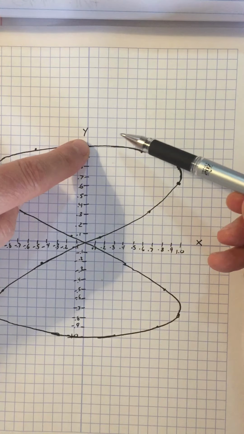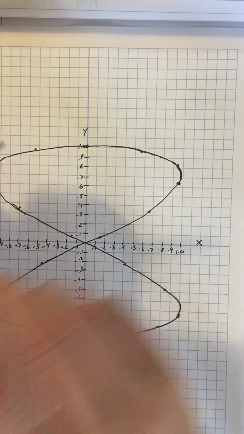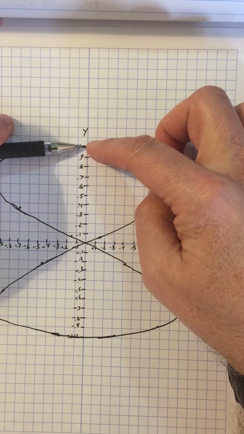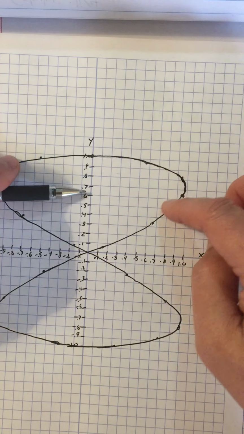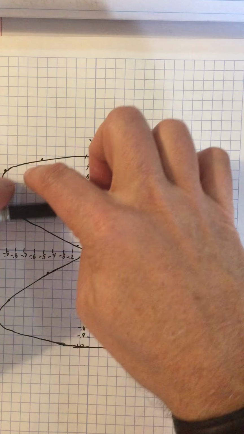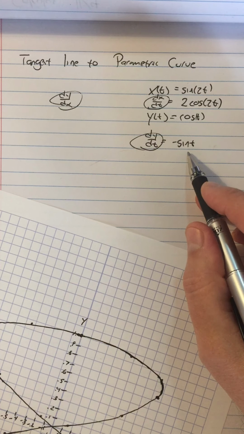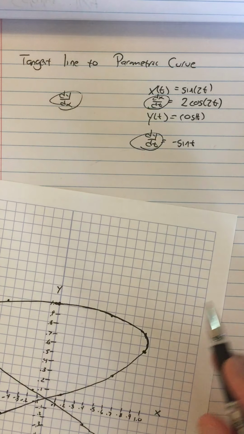So as time goes forward, how does the height of the graph, well, I guess the graph goes this way. As time goes forward, how does the height of the graph change? Well, the graph goes down and then it comes back up, and that's why dy/dt is negative sine of t. All right, so it goes down and then it goes up.